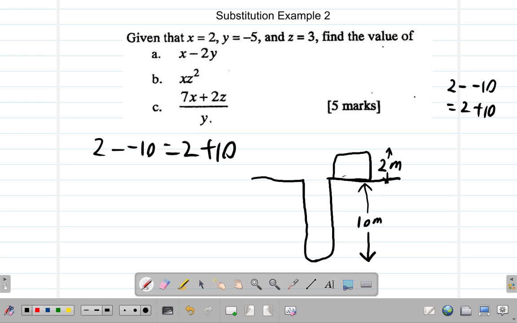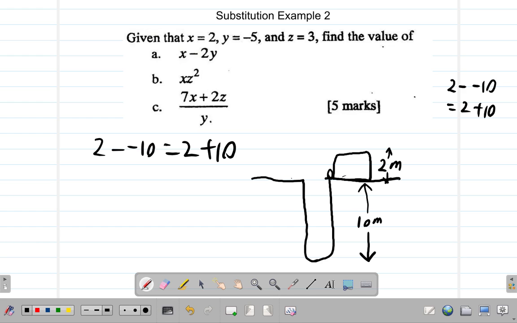Now here, when you say 2 minus, you are looking at the difference of 2 and another number. Now here, 2 minus 0 is 2. In other words, ground level here is 0.